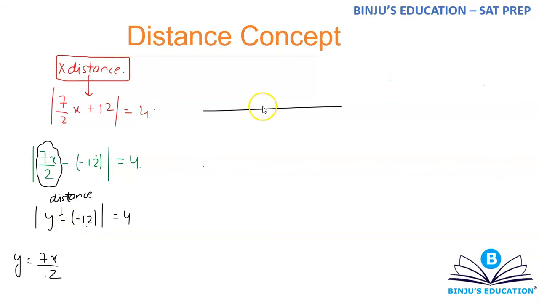Okay, so you're going to put minus 12 somewhere here, looking for two numbers which are at a distance of 4 units from minus 12. One has to be minus 8, the other has to be minus 16. So you can say that y should be either equal to minus 16 or minus 8.